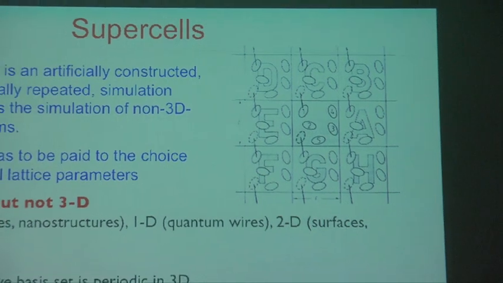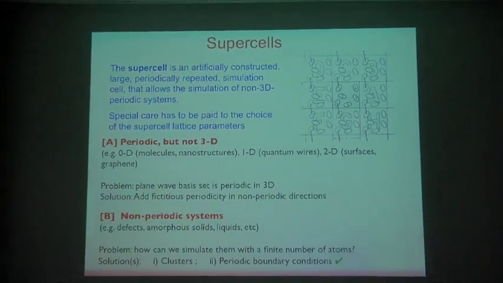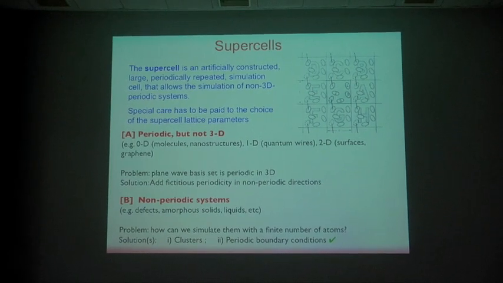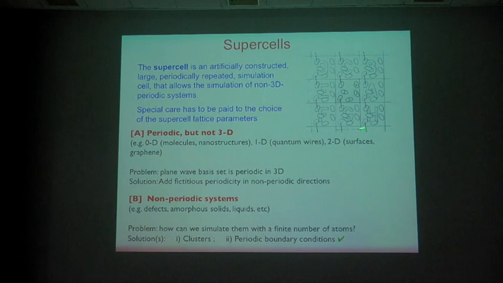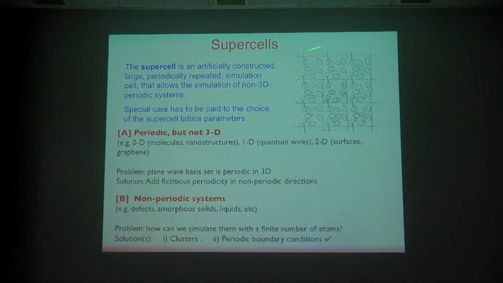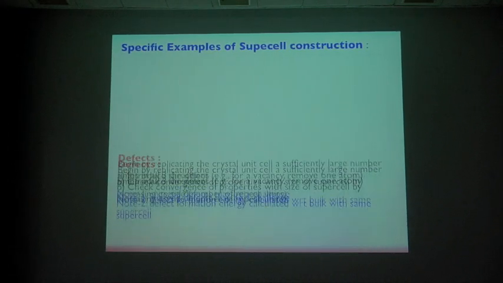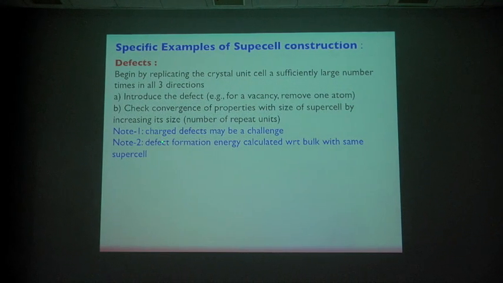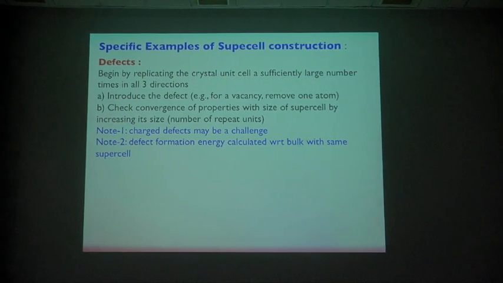Now if you subtract using a standard small wurtzite structured gallium arsenide, you will get a wrong result. You have to again do the same thing on this supercell without this defect. So without defect and with defect on the same supercell, and that's what I mentioned here. The defect formation energy is calculated with respect to bulk with the same supercell, important thing.